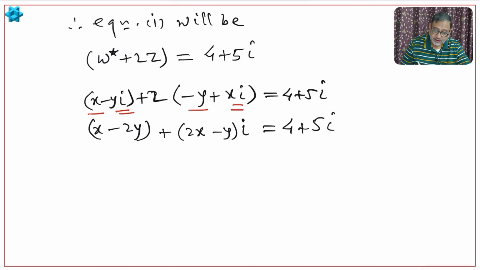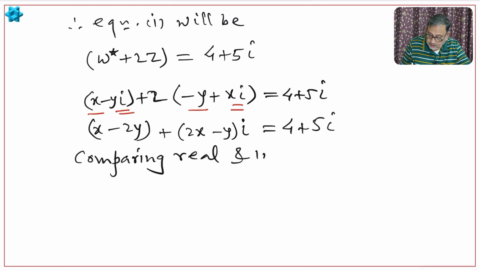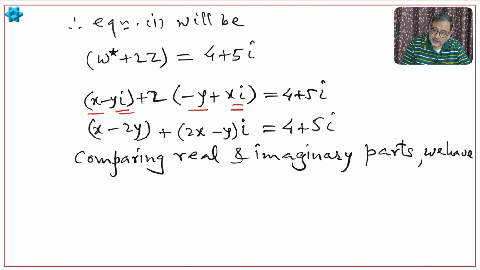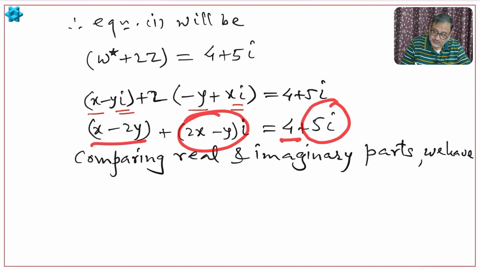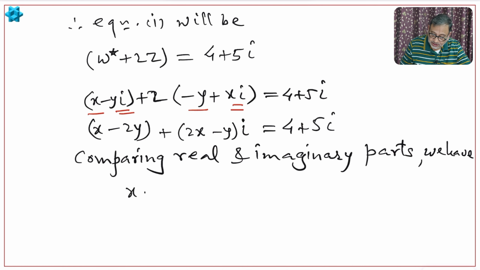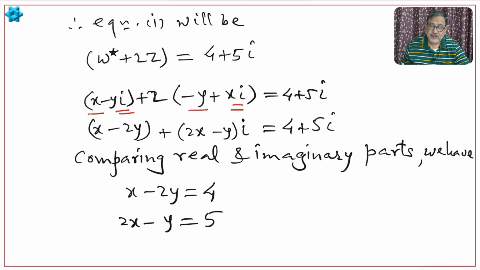Now comparing real and imaginary parts, the real part will be equal to the real part and the imaginary part will be equal to the imaginary part. So therefore x minus 2y is 4 and the imaginary part 2x minus y is 5. Okay, we get these two equations, number 2 and number 3.